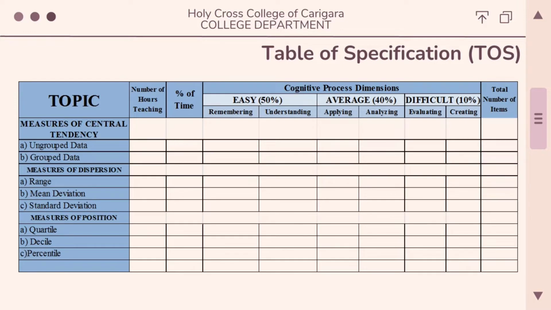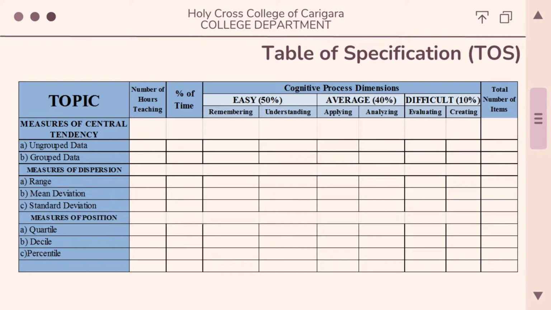So in the first column, we have the chapters discussed during a quarter. In my case, I have here the measures of central tendency, the topics that go with it, ungrouped data and grouped data, measures of dispersion like range, mean deviation, standard deviation, and for the measures of position, we have quartile, decile, and percentile.